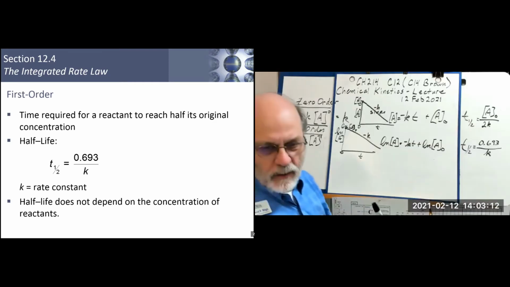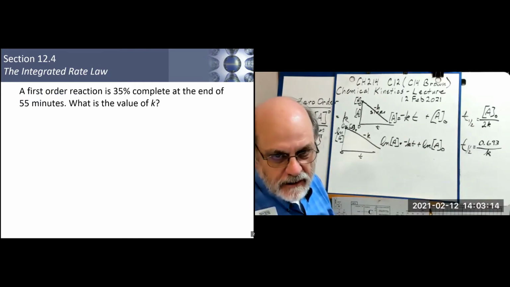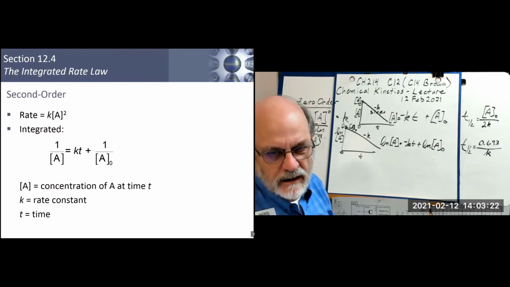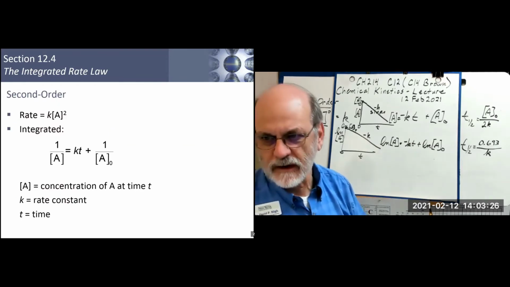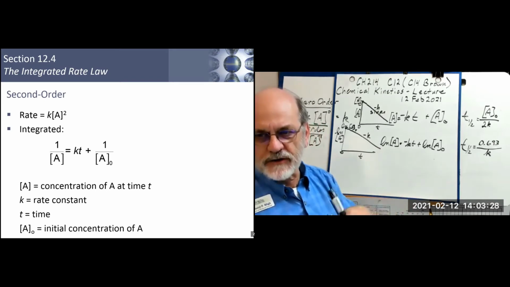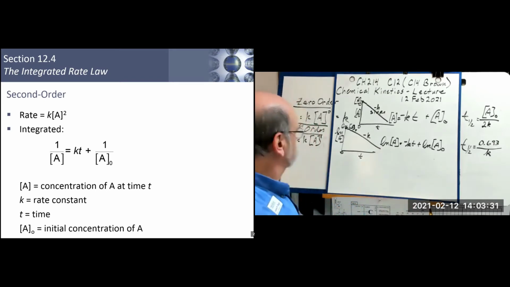Okay, so now we need to look at, hold on a second. I'd rather go to second order and come back to that other problem. Let's finish off the discussion of the orders first.